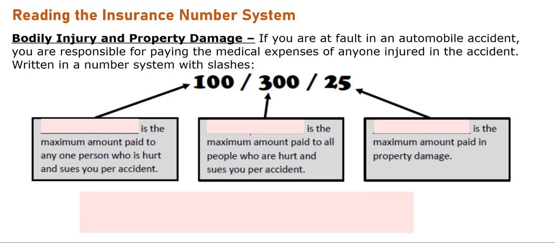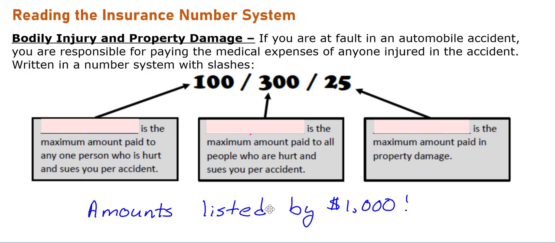And this number system is not $100, $300. It actually represents thousands. So the first one, 100, would actually be 100,000. And this is the maximum amount paid to any one person who is hurt and sues you per accident.